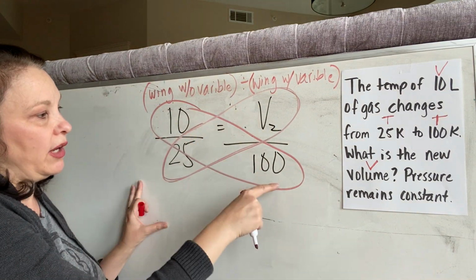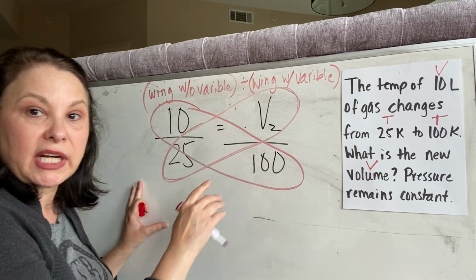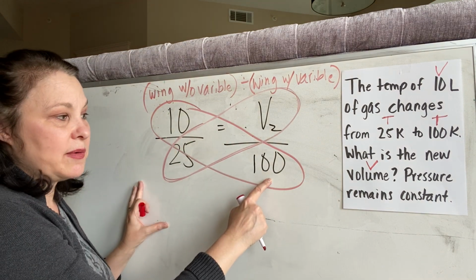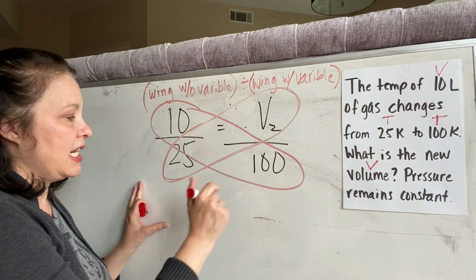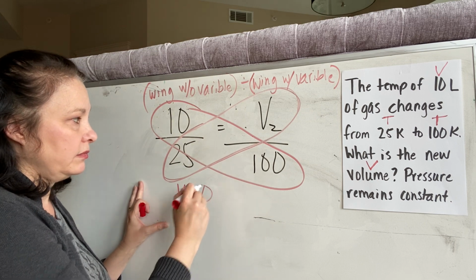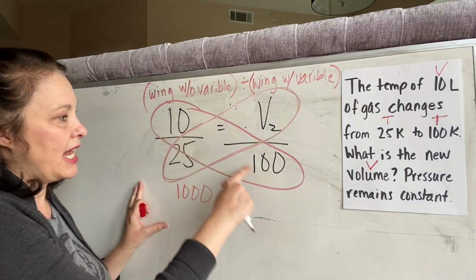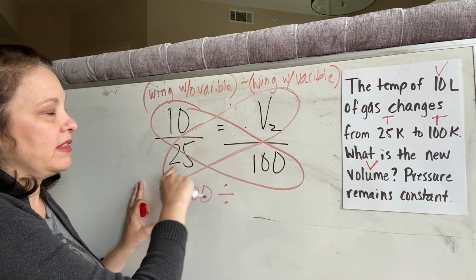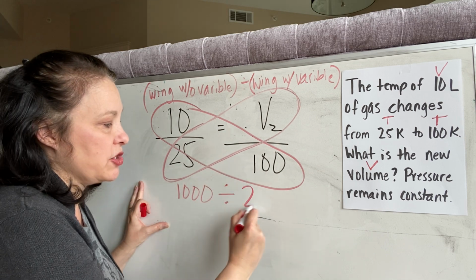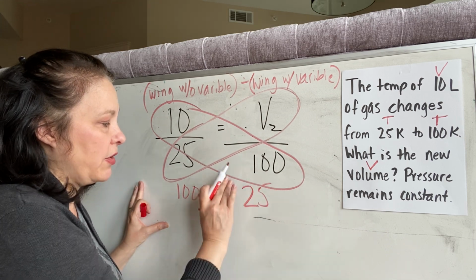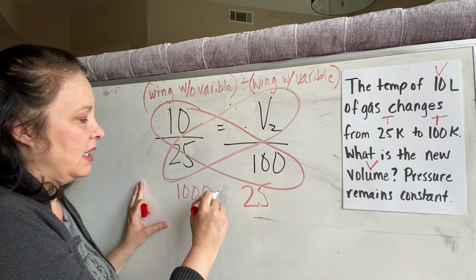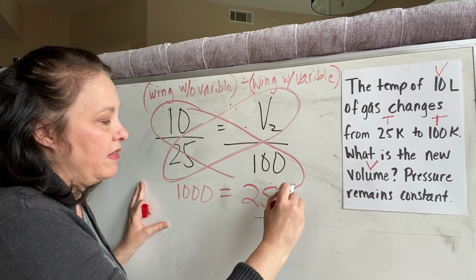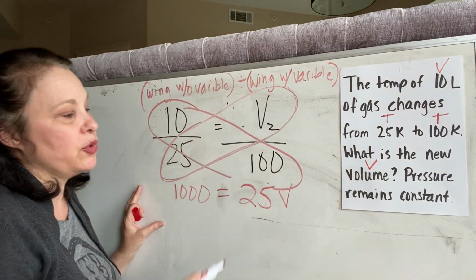So I'm first going to go with the wing without the variable. Do you agree that this wing right here has a 10 and a 100 in it, no unknown variable? So I'm going to say 10 times 100, and it's going to give me 1,000. That's the wing there, divided by the wing with the variable, 25 times V. So that's just going to be 25V.